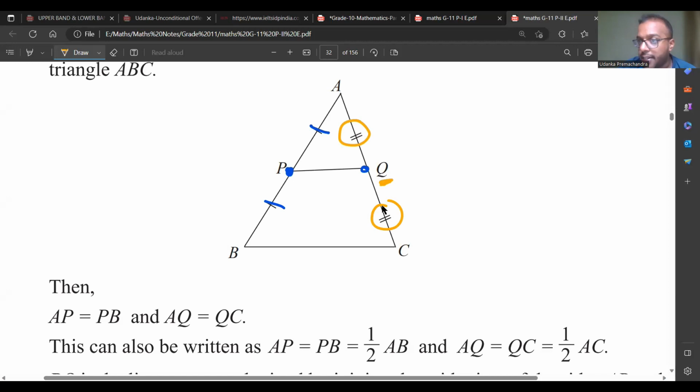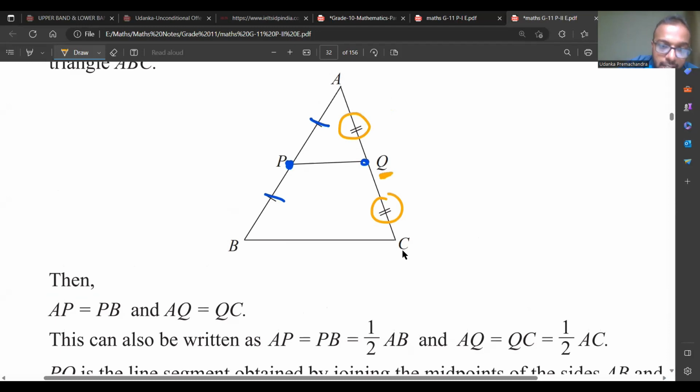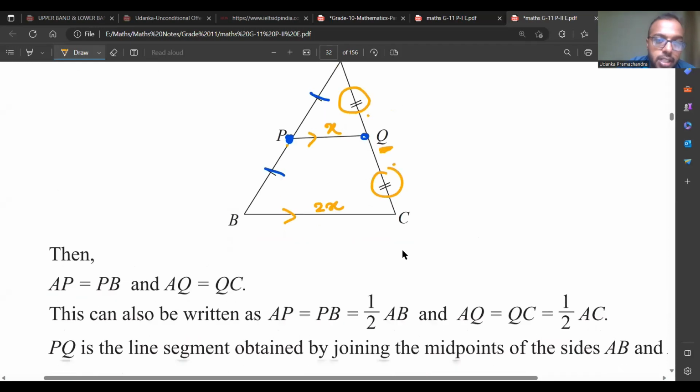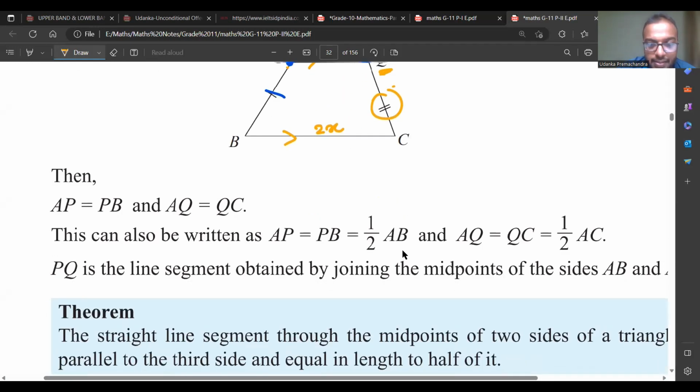According to that, what can you tell? This line is half of this one. If I take this line as 2x, this line should be x, and these two should be parallel lines. Okay.